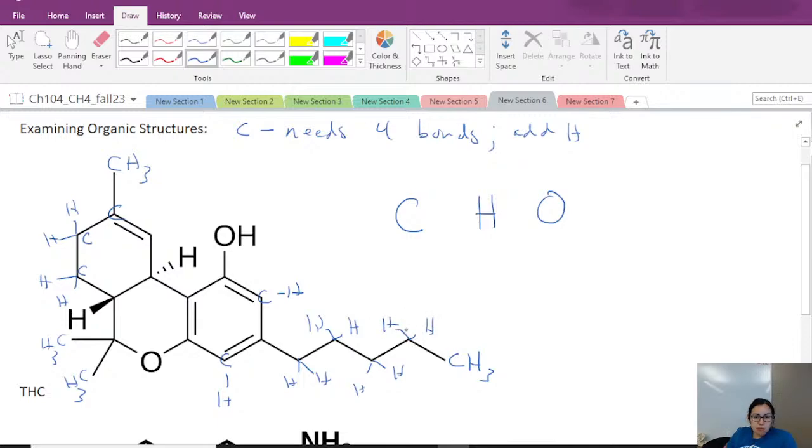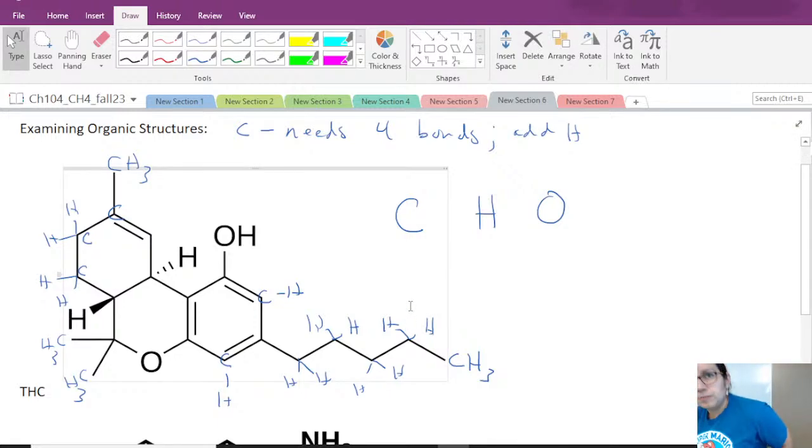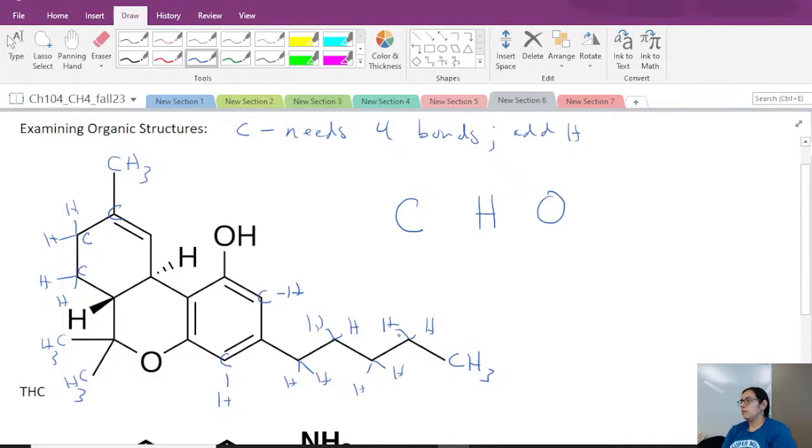And so does someone want to give me a guess for how many carbons we got? Here's some numbers. I think there's supposed to be more than that. 1, 2, 3, 4, 5, 6, 7, 8, 9, 10, 11, 12, 13, 14, 15, 16, 17, 18, 19, 20, 21.